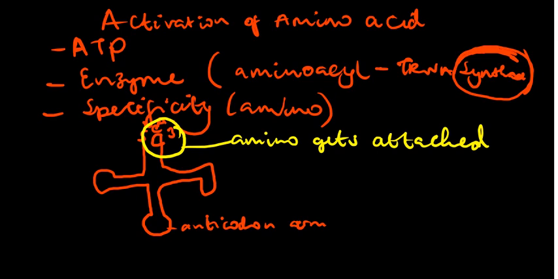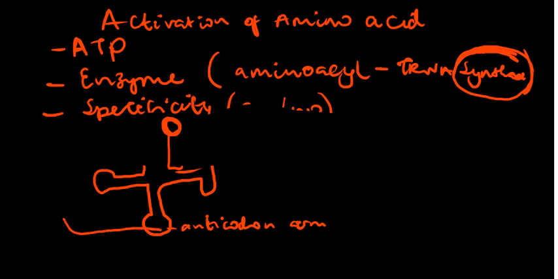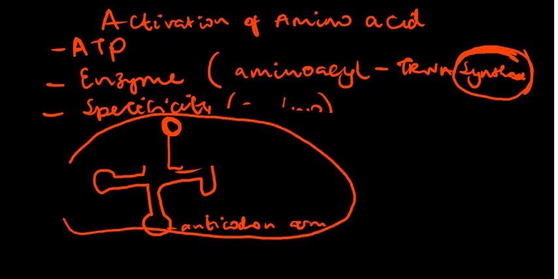After this attachment, we'll have an amino acid attached here, and the tRNA complex is ready to transport the amino acid to the ribosome. When this amino acid gets attached here, we call this entire molecule of the tRNA activated.